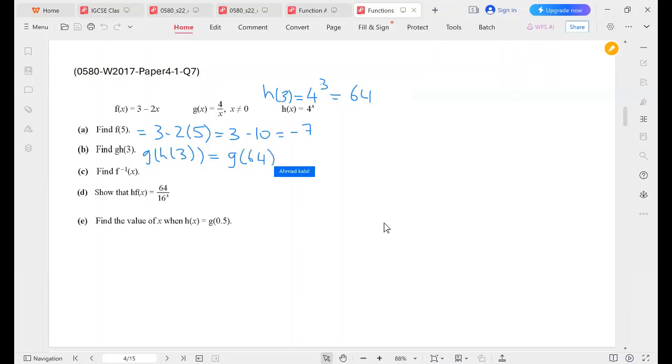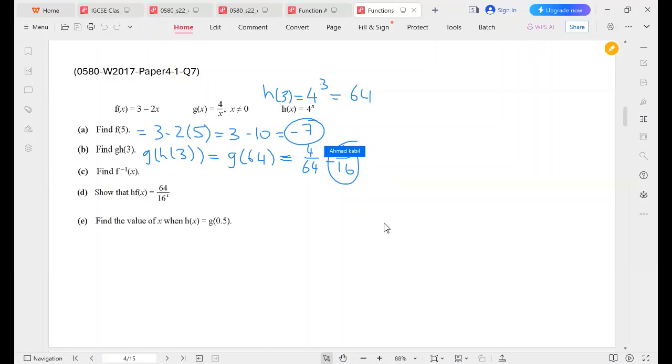And then we just plug 64 into g. So we get 4 over 64. And this is the same as 1 over 16 in simplest form. This would be the final answer here.